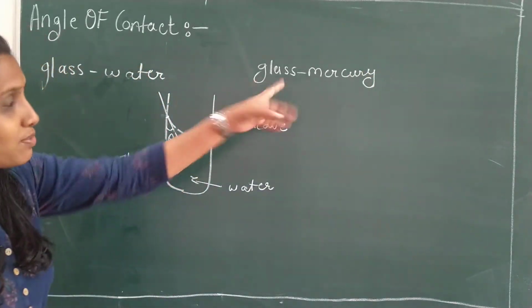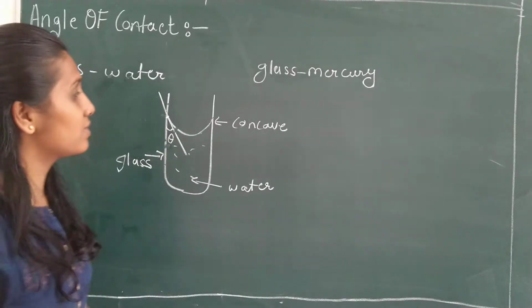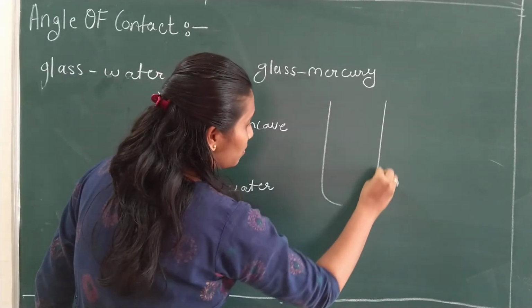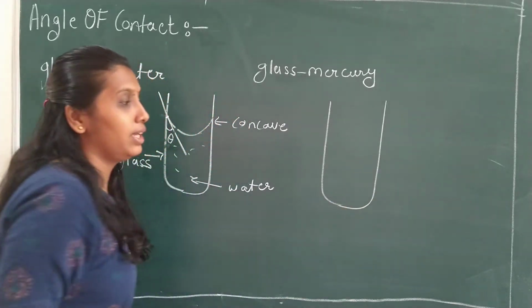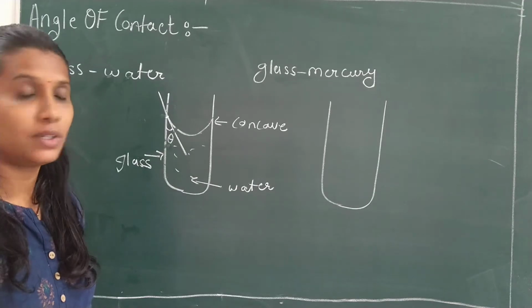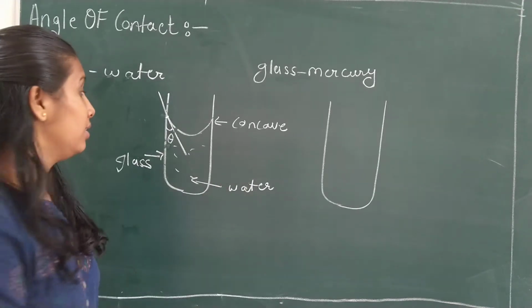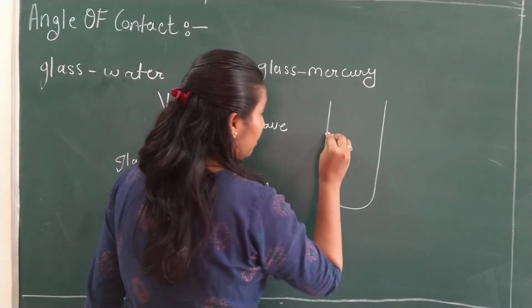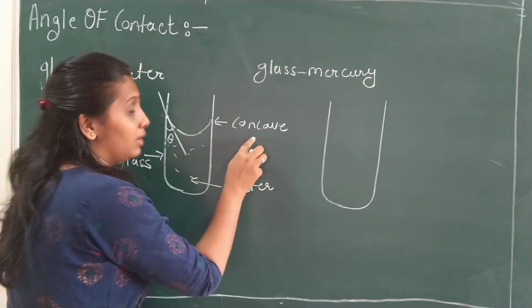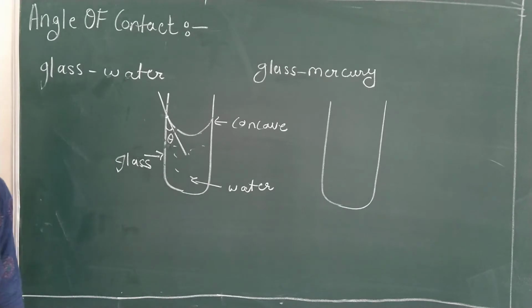So if I have a glass-mercury pair, again I take the same U-tube shaped glass tube and fill it with mercury. Obviously you know mercury will not show this meniscus as concave.